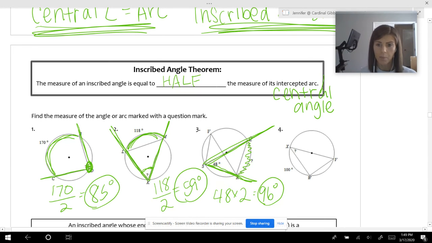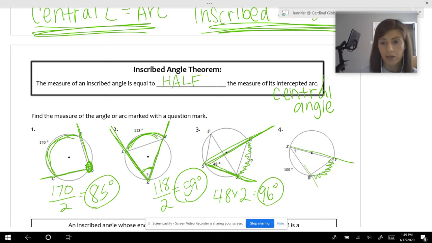Okay. All right, last picture here, number 4. So this time we're looking for an angle again. If we extend our sides, here's our intercepted arc. So we know that it's going to be half of that. Unfortunately, this time that measurement isn't there. It's not labeled for us. So we have to use the other information that we have to figure that out.